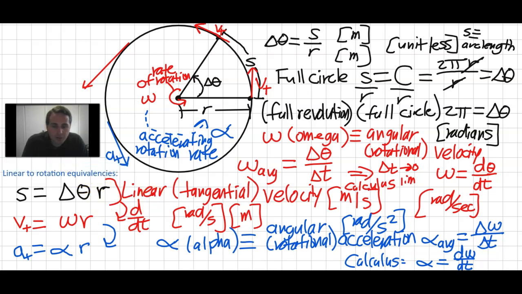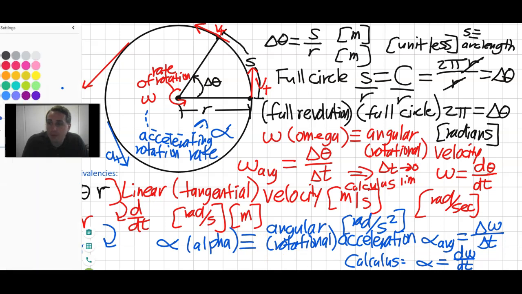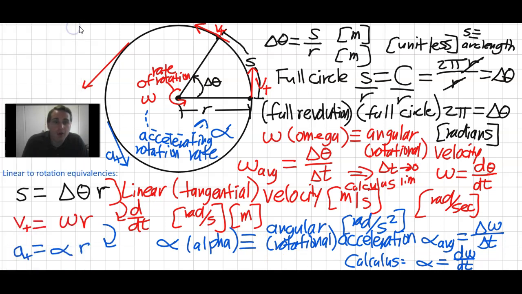Okay, so there they are. And notice what we have is a couple definitions here. We have this important definition up here for how the angular displacement is related to the arc length and the radius. We have the definition of circumference, c equals 2 pi r.